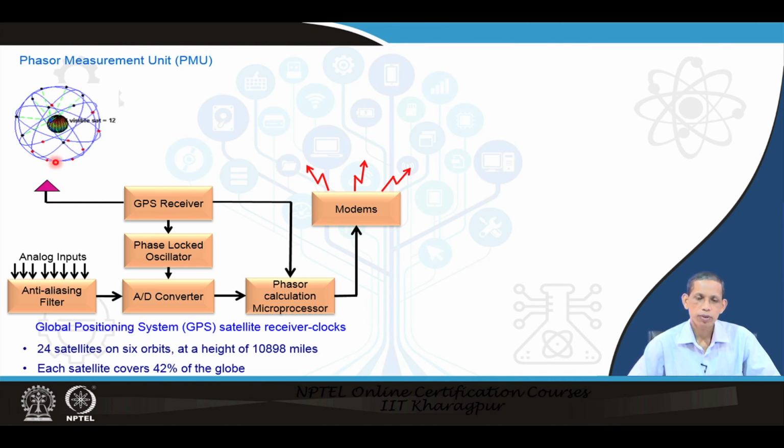From those atomic clocks, the time information is received by this antenna every 1 second, 1 pulse, and that is fed to the A to D converter process, where the time information of the local measurement device is updated in accordance with this GPS-based time information.